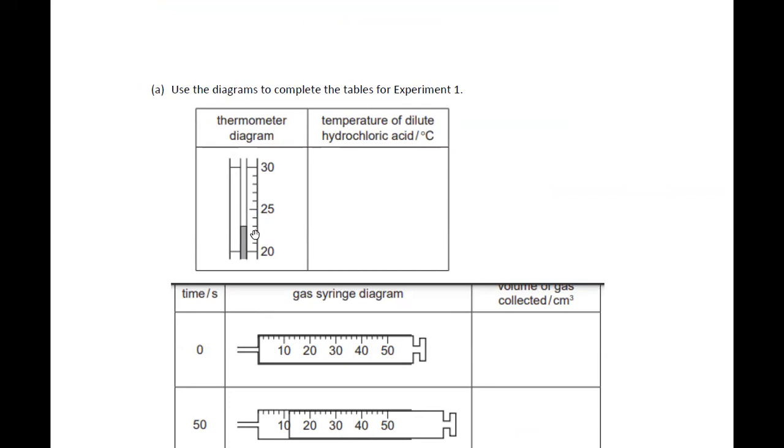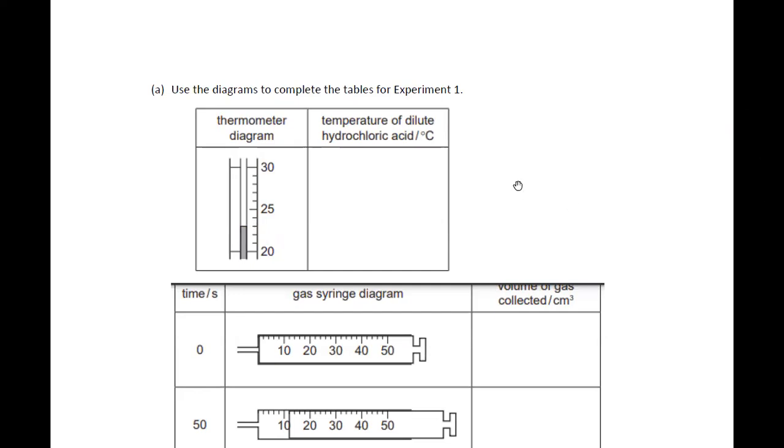It's 23, right? We always count from below. So this is 21, this is 22, and this is 23. This is 23, so we're going to go ahead and write this down.